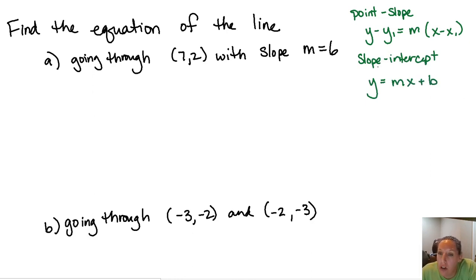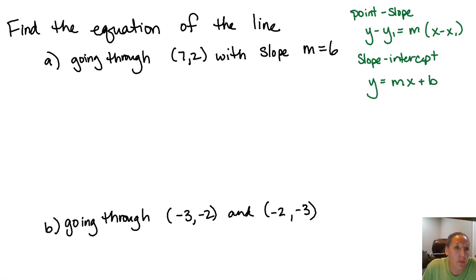Y and x are our variables, and then we plug in our slope of m and our y-intercept of b. That's typically the form that you're going to want your final answer in, is that slope-intercept form. And the point slope is going to be the form of the line that we start with and then solve that for y to get the slope-intercept.